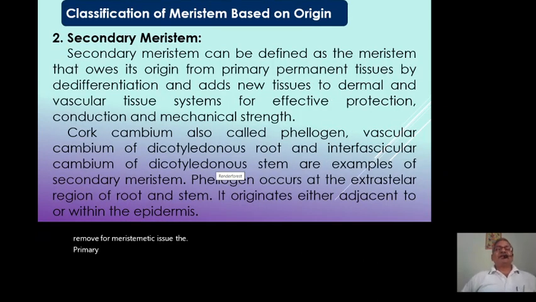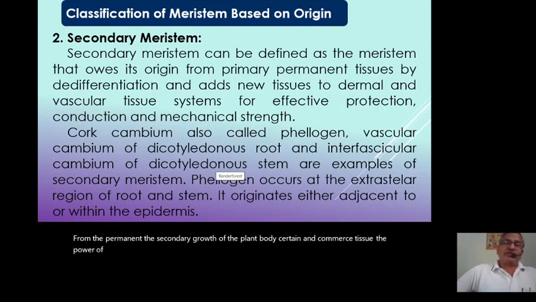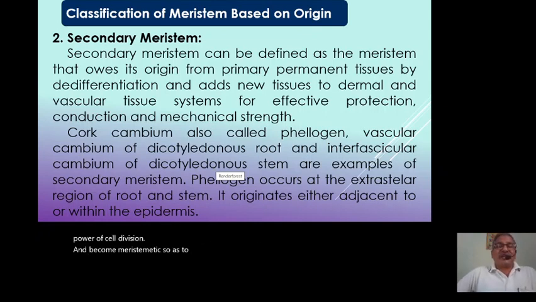Now the second category is secondary meristem. Secondary meristem is the meristem which is developed from the permanent tissue. During the secondary growth of the plant body, certain parenchymatous tissue regains the power of cell division and becomes meristematic so as to produce a continuous ring of cambium.